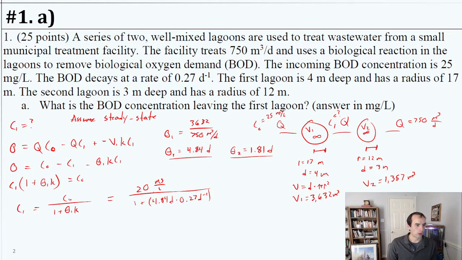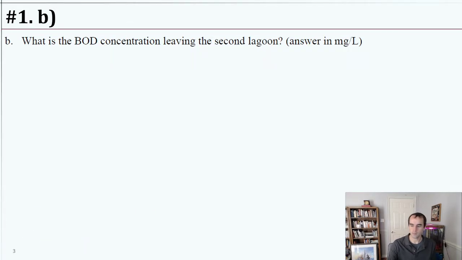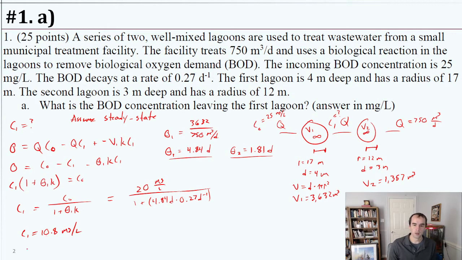Okay, so once we put in those numbers, we should find a C1 equal to 10.8 milligrams per liter. So that would be our final answer for part A. That is below the 20, so we are achieving the treatment. That's a good thing to double check in your mind, that yes, we have treated the system as we believed we were doing.